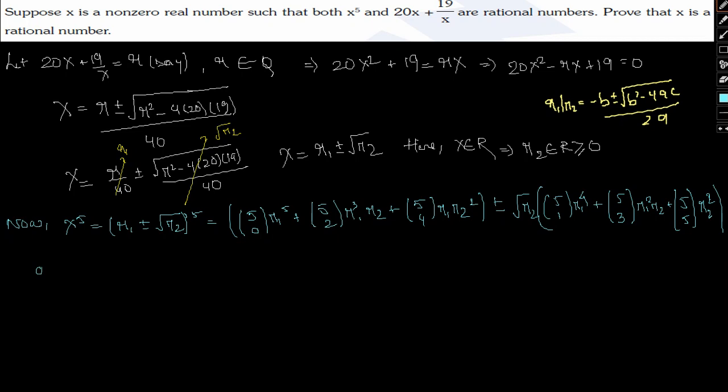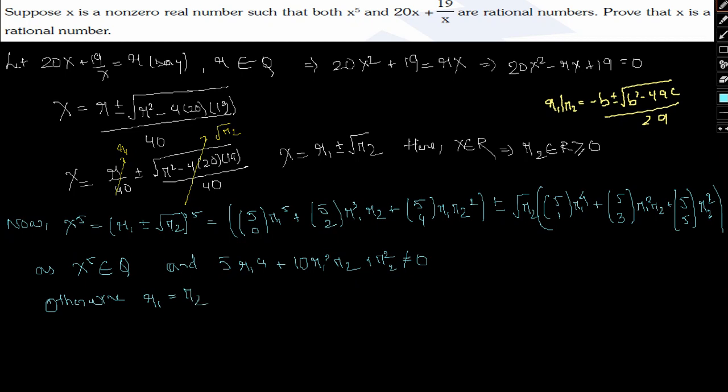Now, as x to the 5 is an element of rational numbers, and 5 r1 to the power 4 plus 10 r1 square r2 plus r2 square is not equal to 0, otherwise r1 equal to r2 equal to 0, which would further imply x equal to 0, which is not possible.